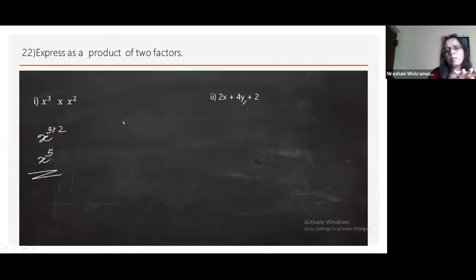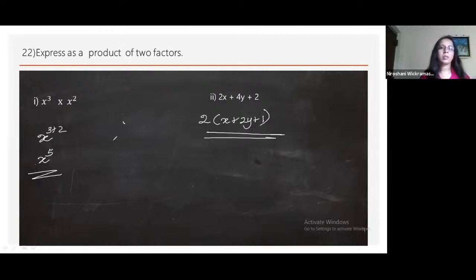In this we can take the common factor out. Here, x to the power 2 and x only we have to take out. But it is multiplication, so we have to write the answer this way, right? 2 out, x remaining, 4y divided by 2 is 2y, plus 1. Sorry, this sum was a mistake, but it's okay. You can do it like this.